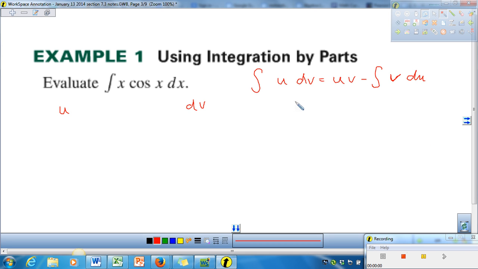The first one we're going to look at is choosing a u such that if I take the derivative repeatedly, it will go to 0 quickly.